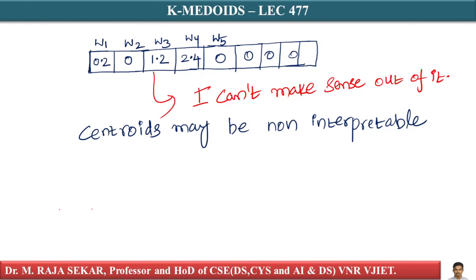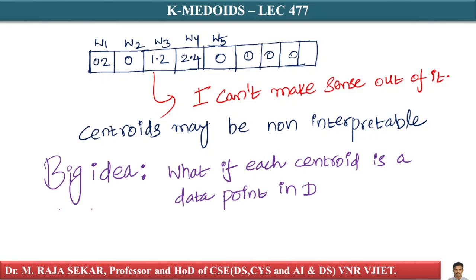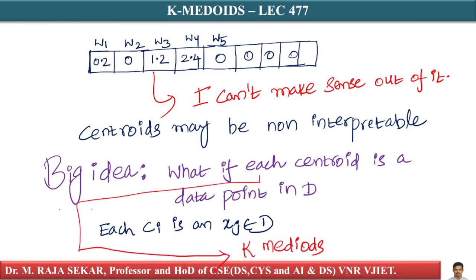So the big idea here is, what if each centroid is a data point in D? Each Ci is an xj. Each centroid is a data point. What is this xj? Xj belongs to capital D, isn't it? Yes.